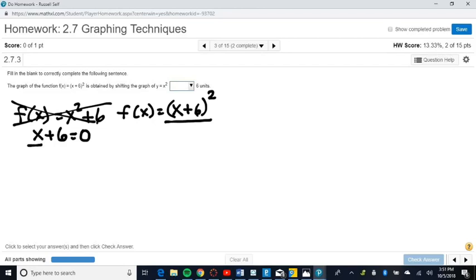Now to get the x completely by itself, remember we would simply do the opposite. Do you remember doing these in the earlier chapter? Okay, so we end up with x equals negative 6. So in other words, taking the 6 away from the x has the same effect as simply changing its sign.